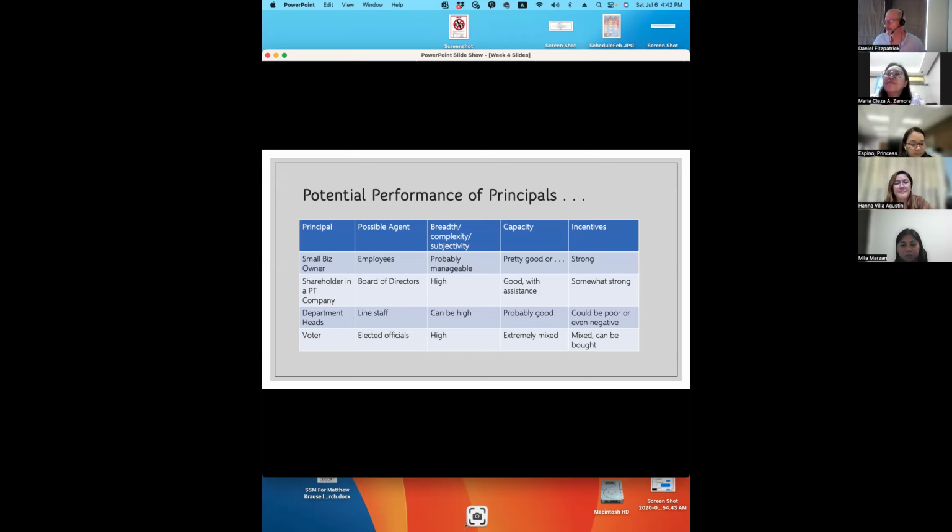So in my table here, which you'll get at the end, possible agent as elected officials, definitely complexity is high. With you guys, you have 12 different senators to evaluate. Me, I have, well, should there be a war, should we use different types of ways for climate control, or do we go the high regulatory side, the way Biden wants to do things?